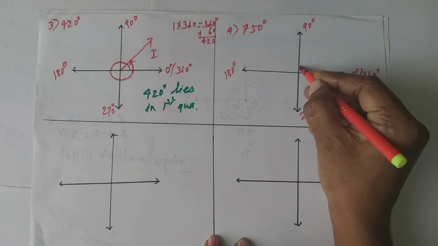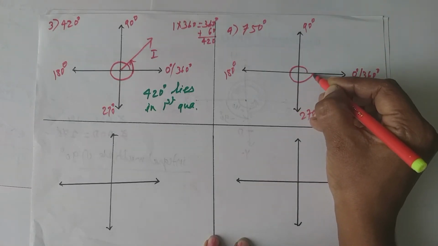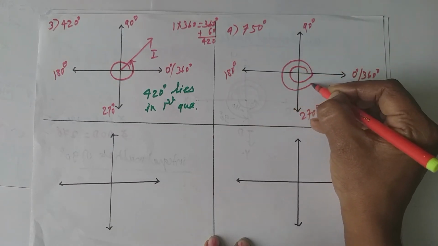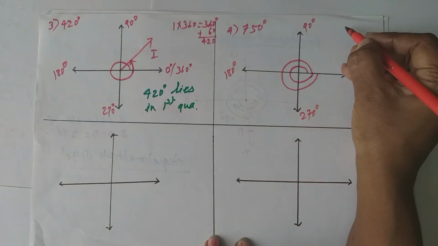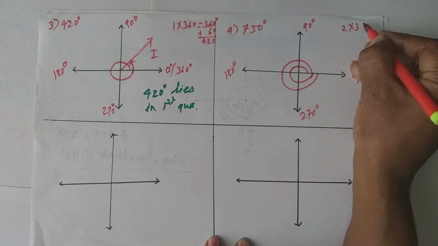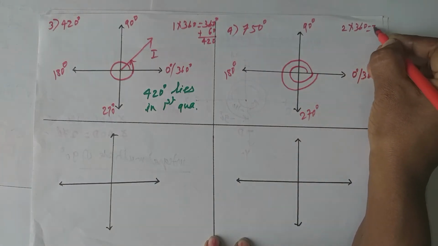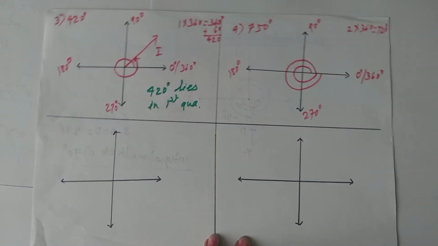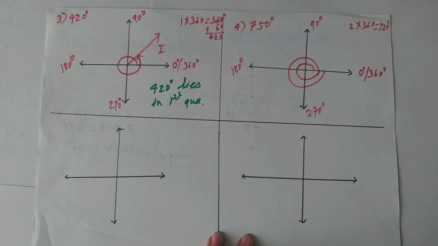If one rotation is complete, then the angle is 360. Take the second rotation, then the angle is 720. See here, 2 times 360 is 720. If there are 2 complete rotations, then an angle of 720 is formed.